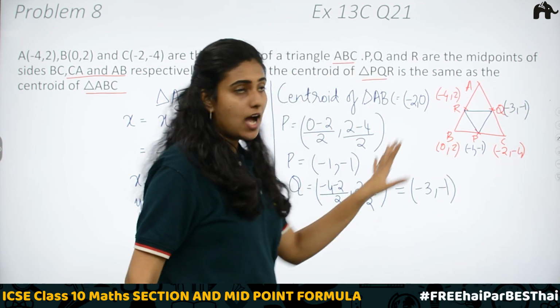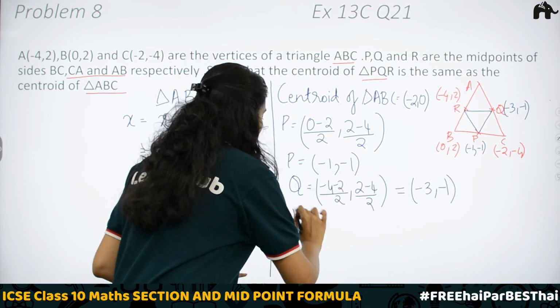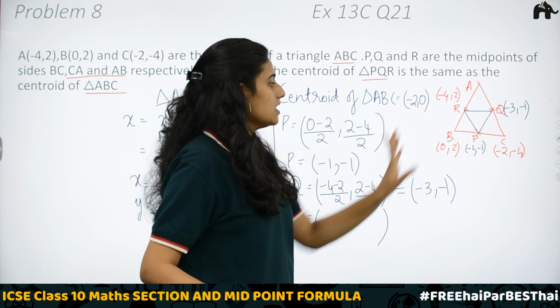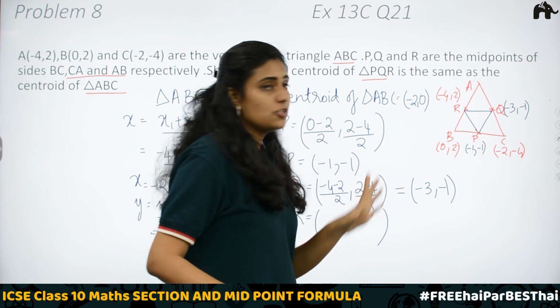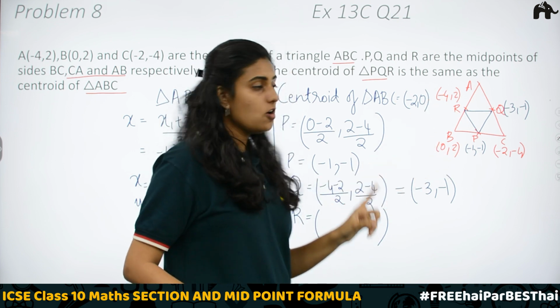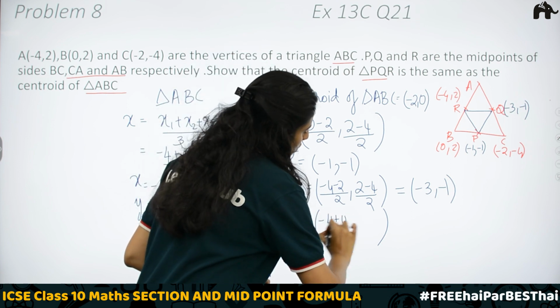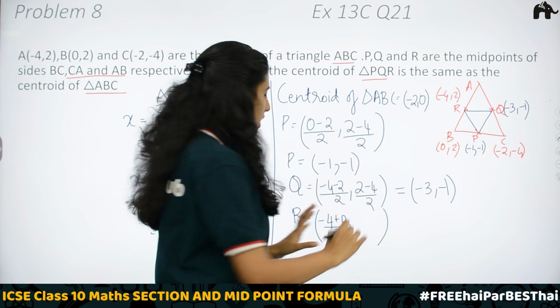Now what about R? R is the midpoint of AB. Coordinates of R: here A is taken as x1, y1 and the coordinate of B is x2, y2. (-4 + 0) divided by 2 for the x coordinate. For the y coordinate, (2 + 2) divided by 2.